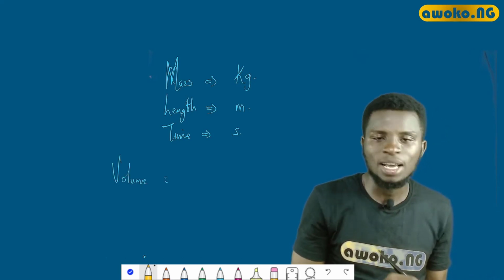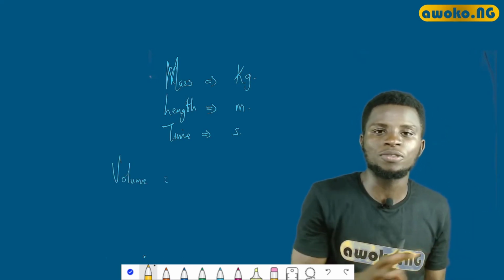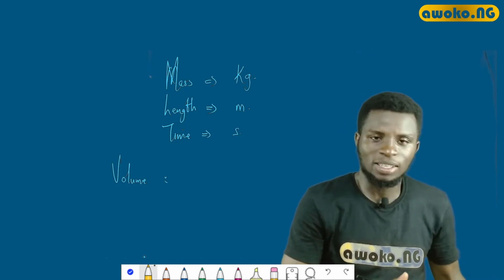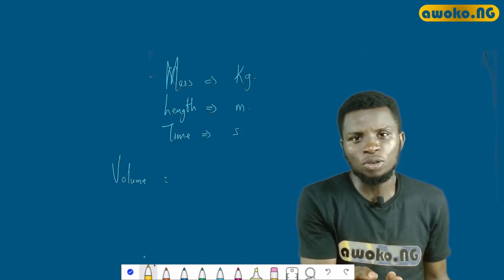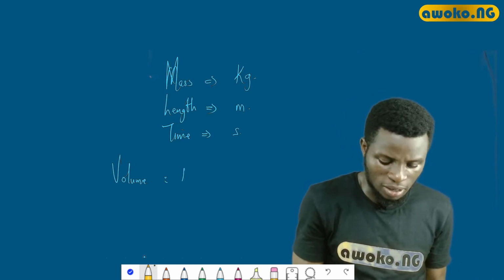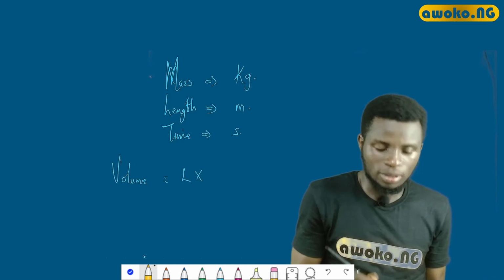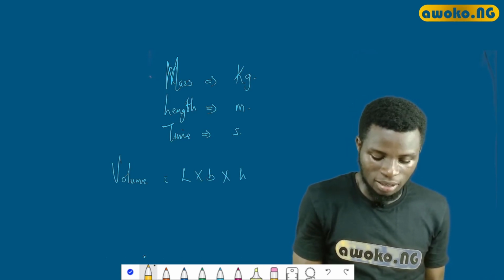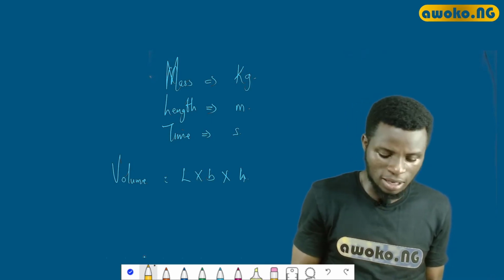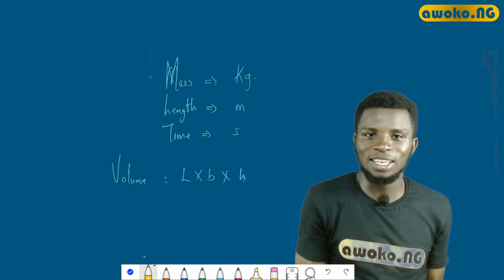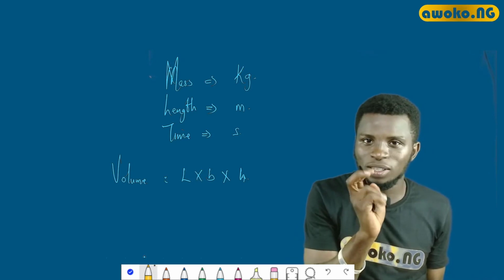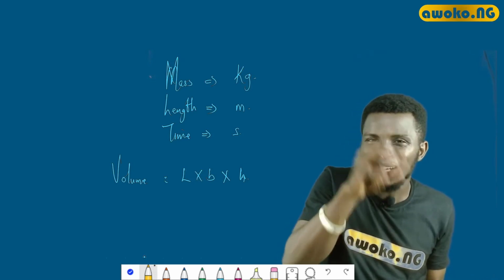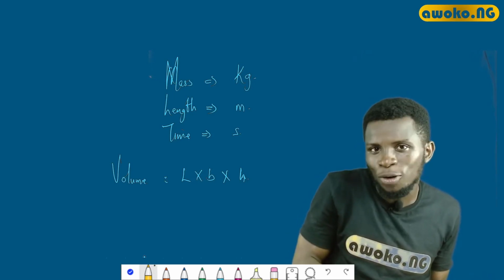You realize that volume is the combination of some quantities to form it. Let's say volume is the product of the length of an object times the breadth times the height. Of course, volume cannot stand alone because we have three quantities that give the exact description of what the volume is.